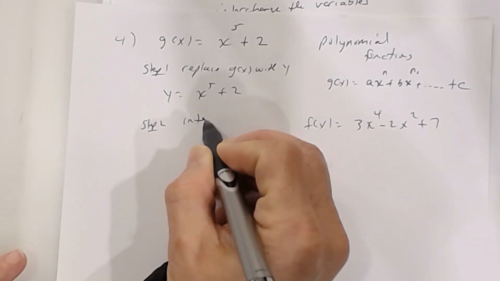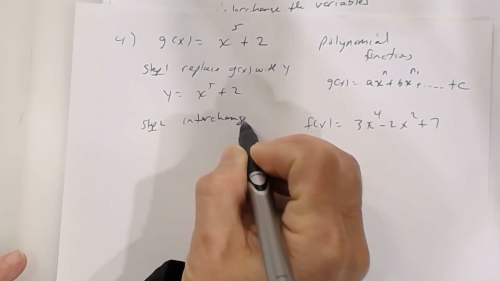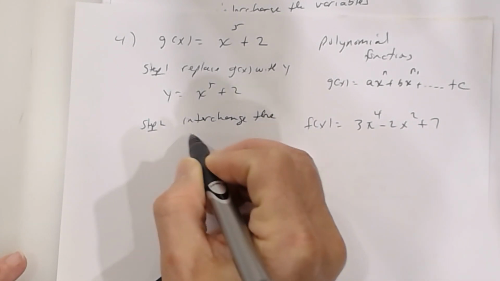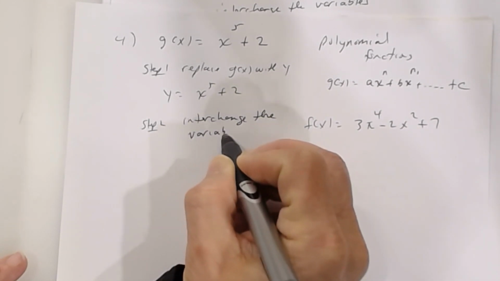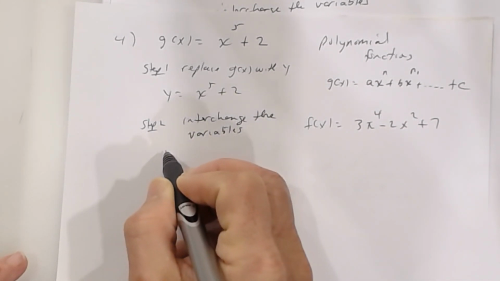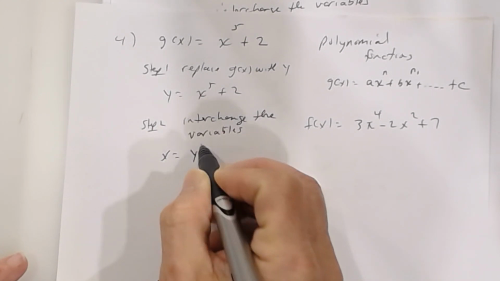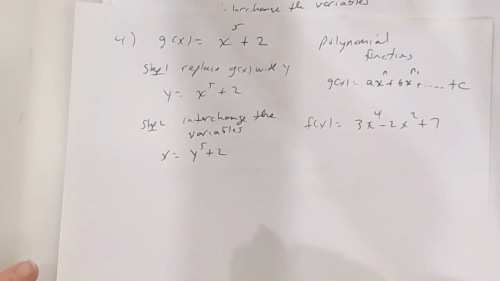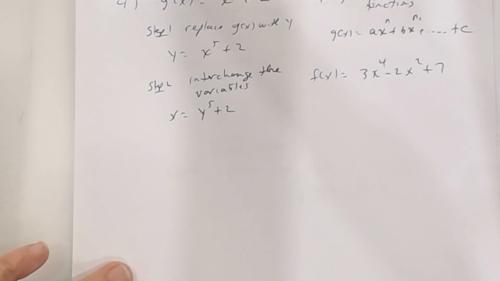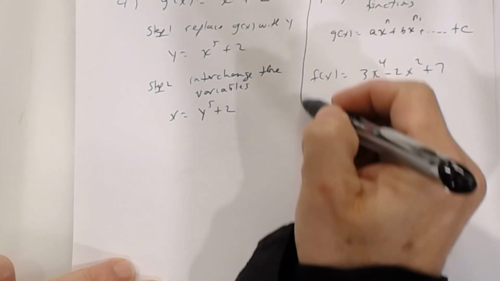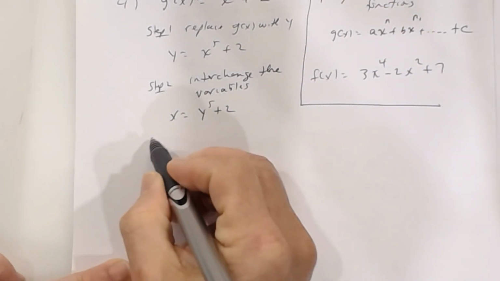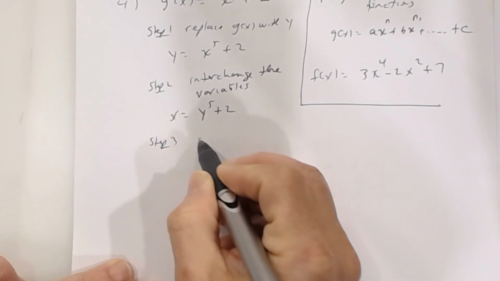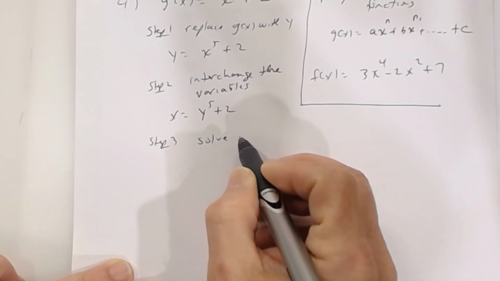Interchange the variables. So you're going to say x equals y to the 5th plus 2. Step 3, solve for y.